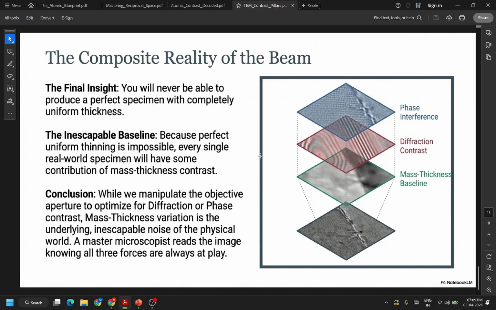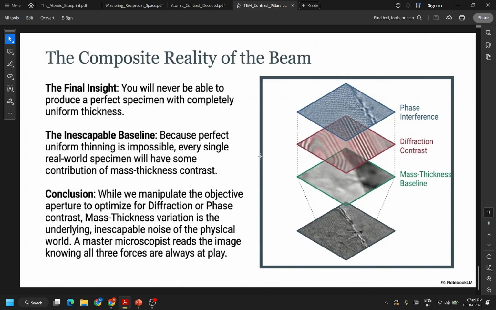You will never be able to produce a perfect specimen with completely uniform thickness, because perfect uniform thinning is impossible. Every single real world specimen will have some contribution of mass thickness contrast.